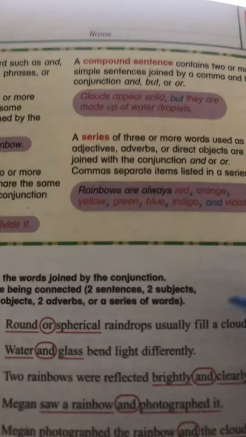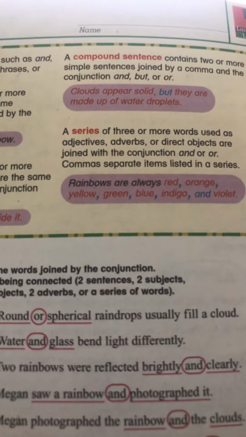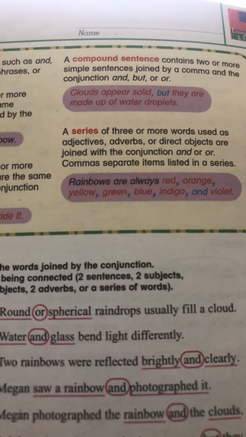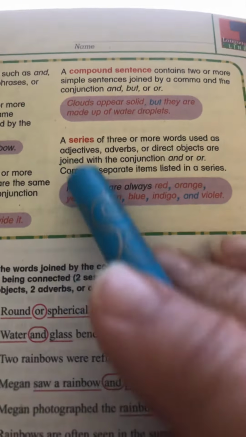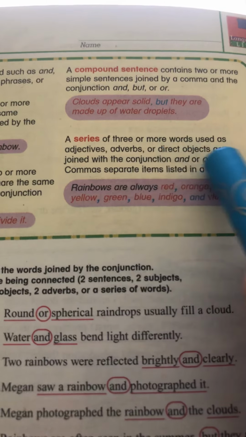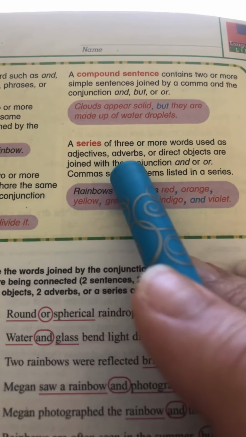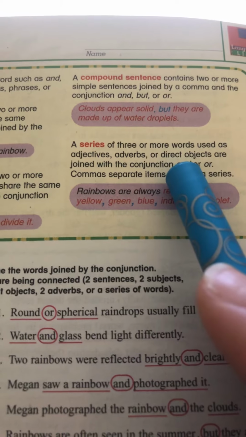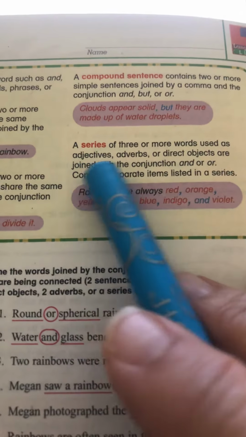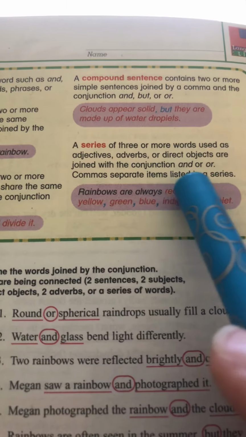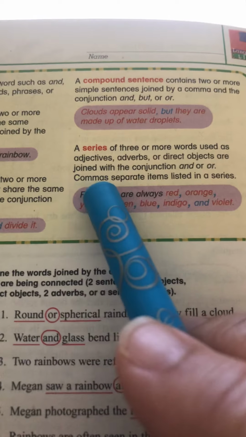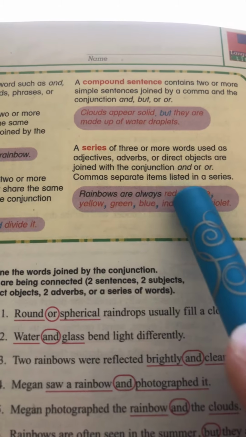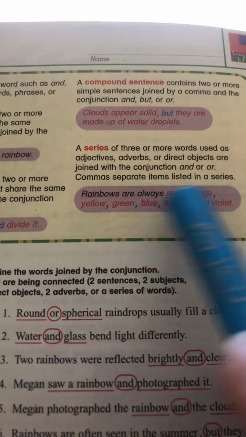The last situation we're going to talk about where conjunctions are used is a series of words. It's a series of three or more words used as adjectives, adverbs, or direct objects, and they are joined with the conjunction and or. Commas separate items listed in a series.